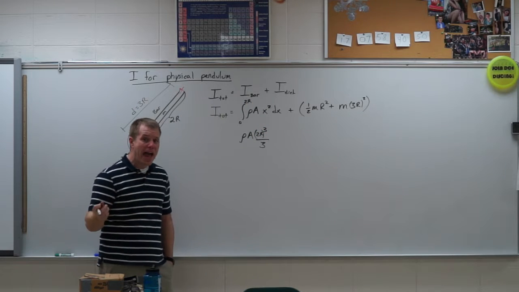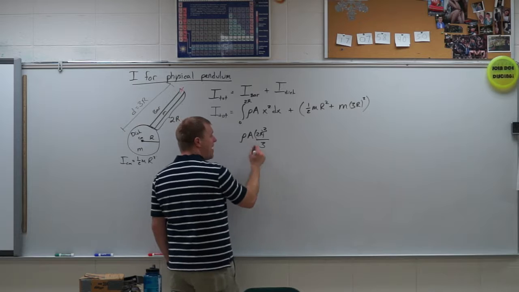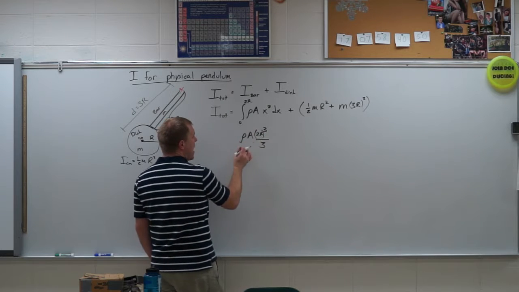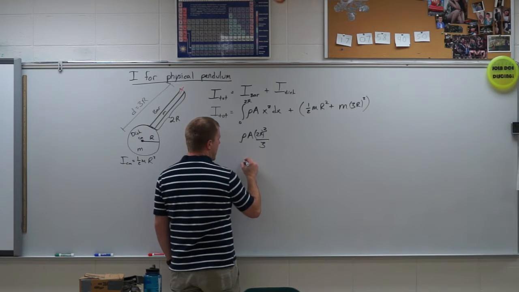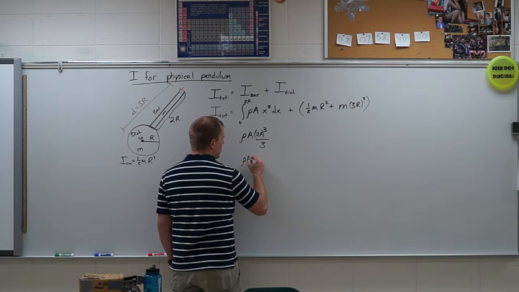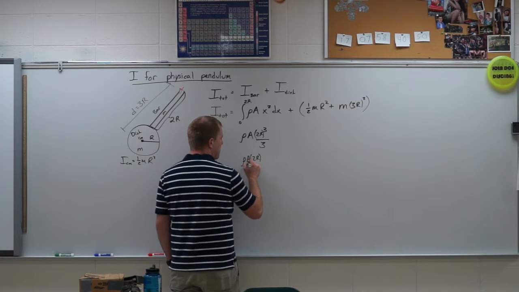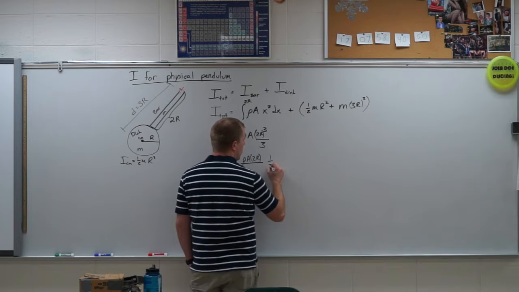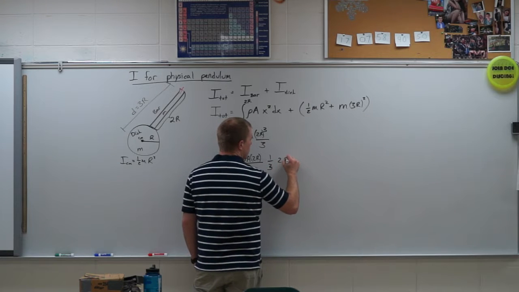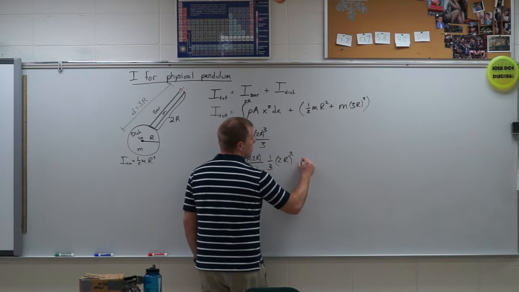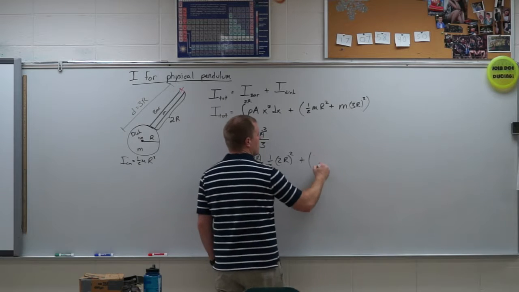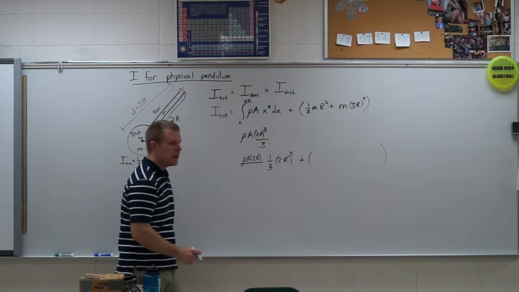We're looking for a pal. Pal is our mass. So I'm going to factor out a pal: rho, cross-sectional area, 2r, that's going to be my mass, times 1/3 (2r) squared, plus the rest of that stuff in parentheses over there.